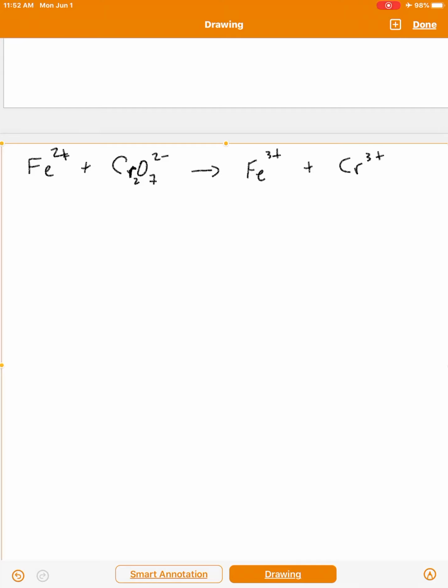This is called balancing a chemical reaction. It's a redox reaction in acidic solution. And this is a very standard type of problem, how we balance a redox reaction in acidic solution.